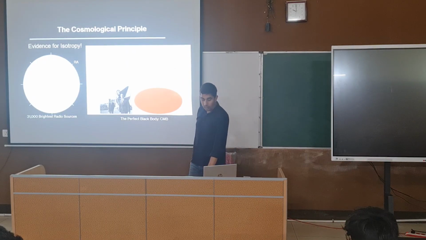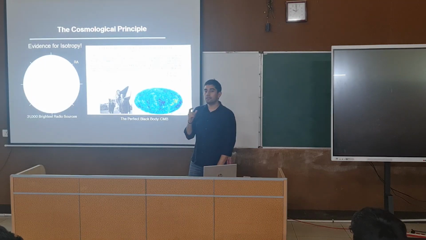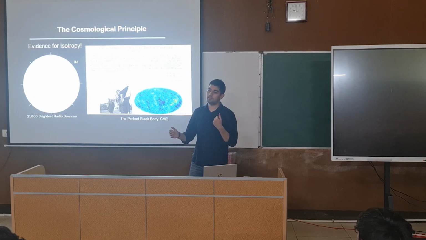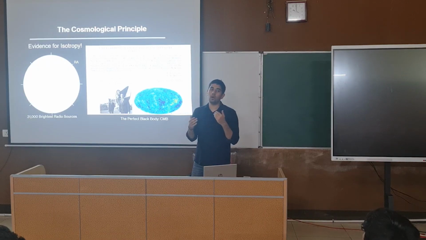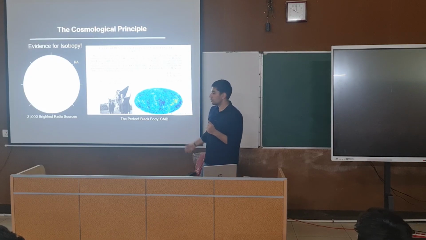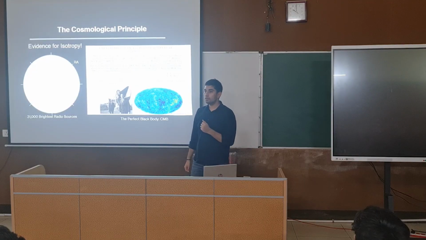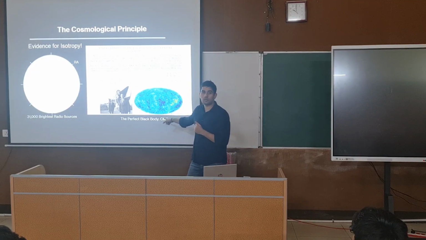So that's good. But again, I will remind you that isotropy and homogeneity is an assumption, and only at large scales. When you start looking much more deeply into anything, you actually see that isotropy or homogeneity both break down. So when we look at CMB in more detail, you see it's actually not isotropic.